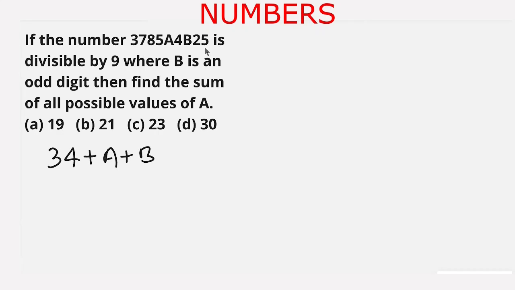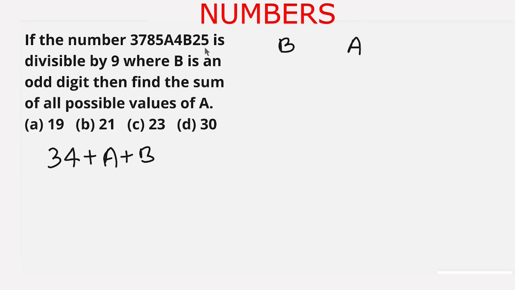Here it is given that B is an odd digit. We have to find all values of A which is corresponding to B so that the sum of the digits is divisible by 9. So we put the values of B first and we will find the value of A corresponding to B so that the sum of the digits is divisible by 9.